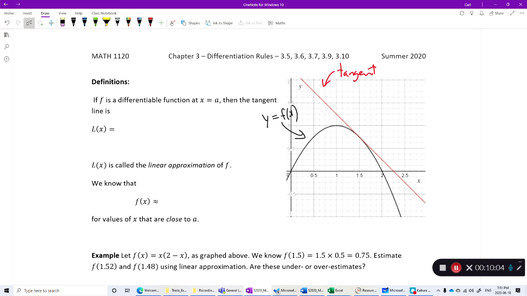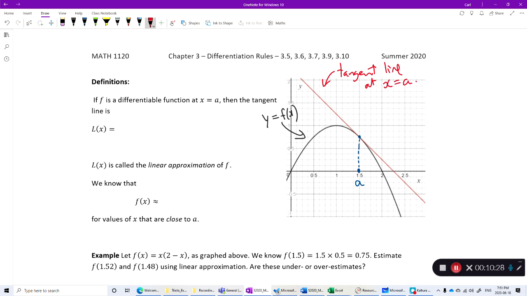It just stands for some function in general. And we're going to be considering a point, let's say here, which is my point A. So that means that this is the tangent line at x equals A.